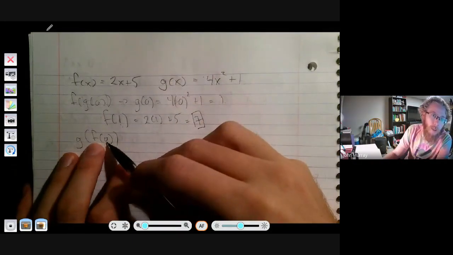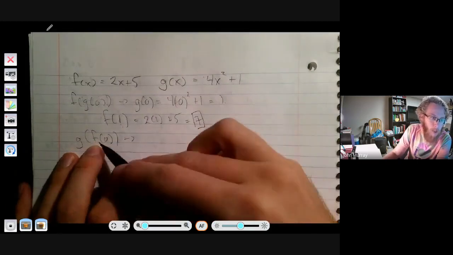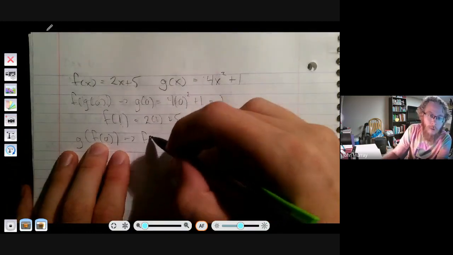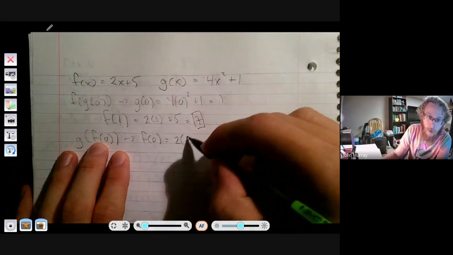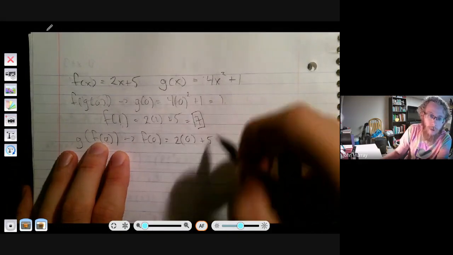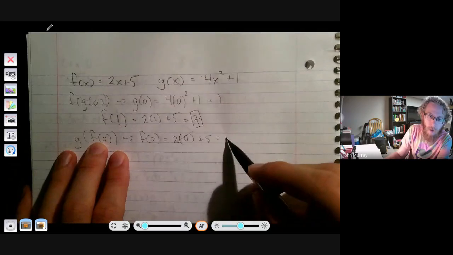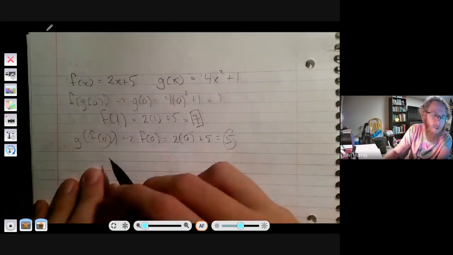So now I'm plugging in 0 to f. Remember, the inside tells you what you work with first. So f of 0, 2 times 0 plus 5. Again, this doesn't matter because I have a 0, so I have 5. So this 5 replaces the f of 0.